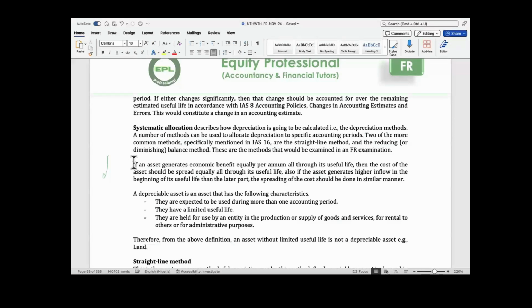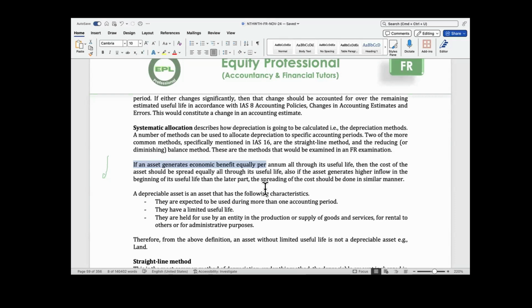If an asset generates economic benefit equally through its useful life, then you will use the straight line method. However, if an asset generates higher inflow at the beginning of its life than later, then you will use the reducing balance method.